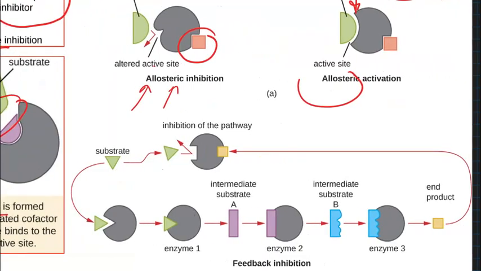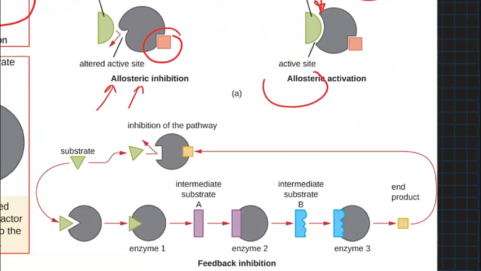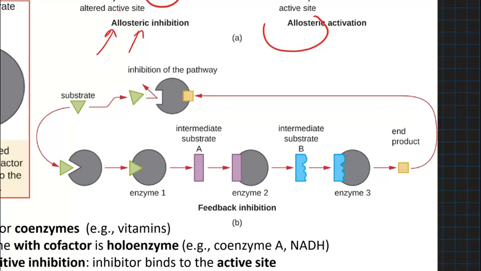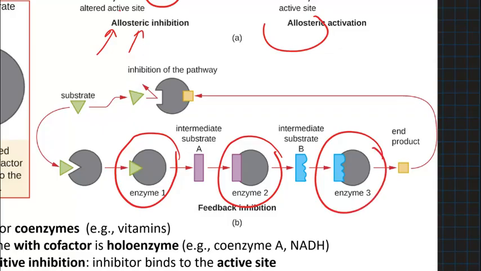Now, last bit that I want to discuss over here is the idea of a pathway, the inhibition of a pathway. So what you're looking at here is the chain of enzymes that convert initial substrate through the series of the intermediates into the end product.